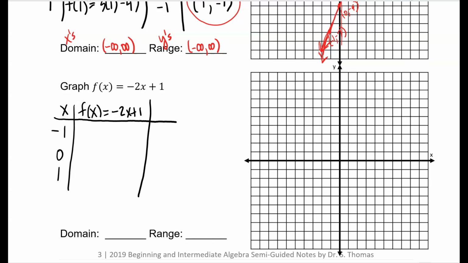Let's try -1 first. F of -1 equals -2 times -1 plus 1. What would be our output for that? Our output would be 2 plus 1, which is 3. Therefore, our corresponding point would be -1, 3.